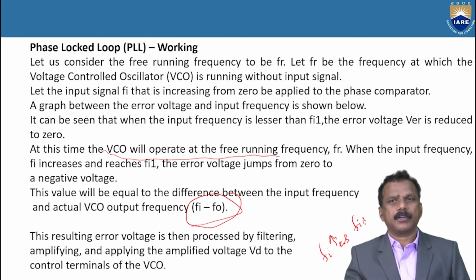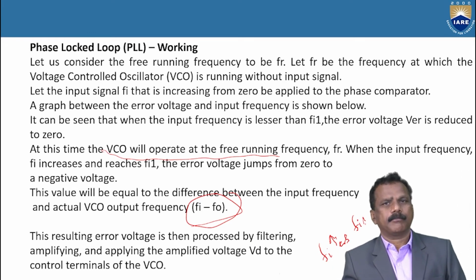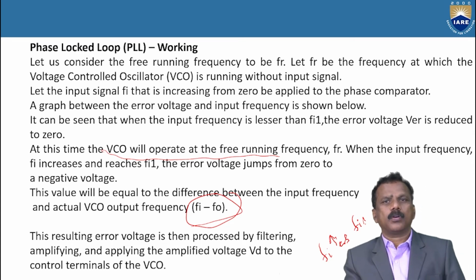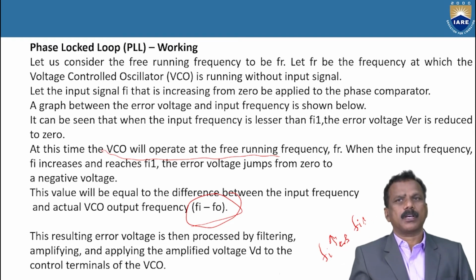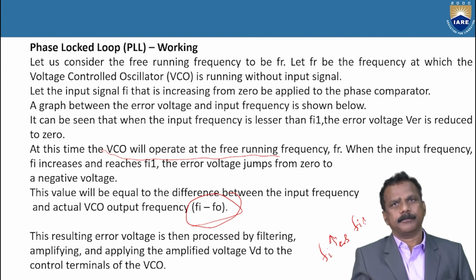This resulting error voltage is then processed by filtering, amplifying, and applying the amplified voltage VD to the control terminal of the voltage control oscillator. This is how we observe the phase lock loop working principle.